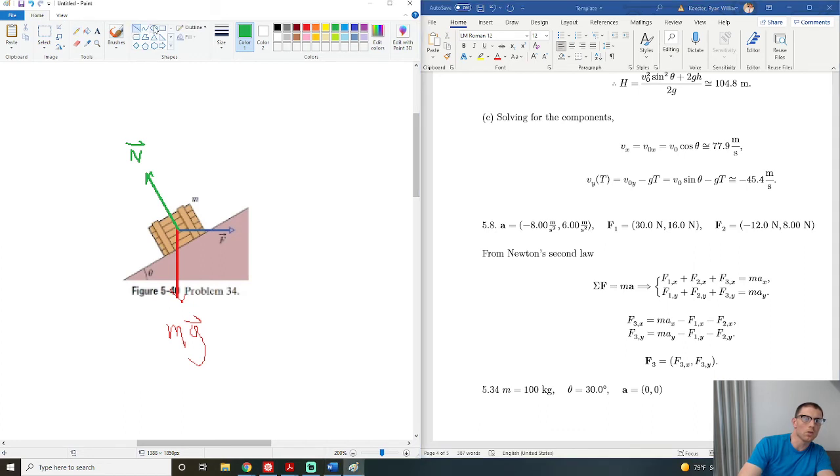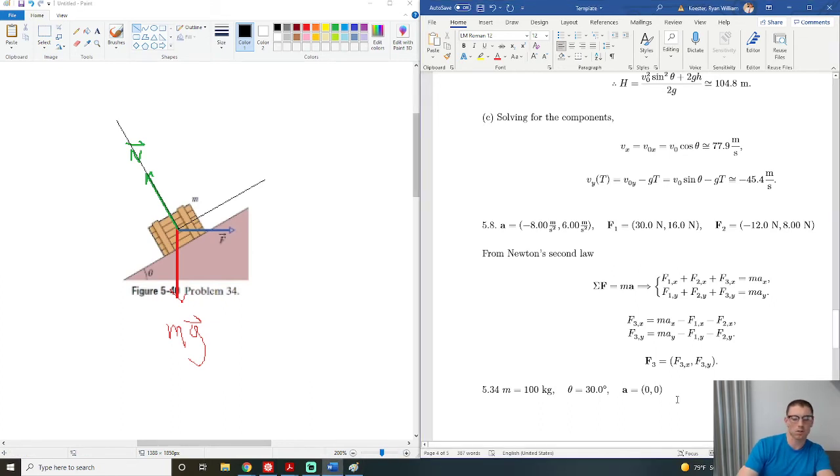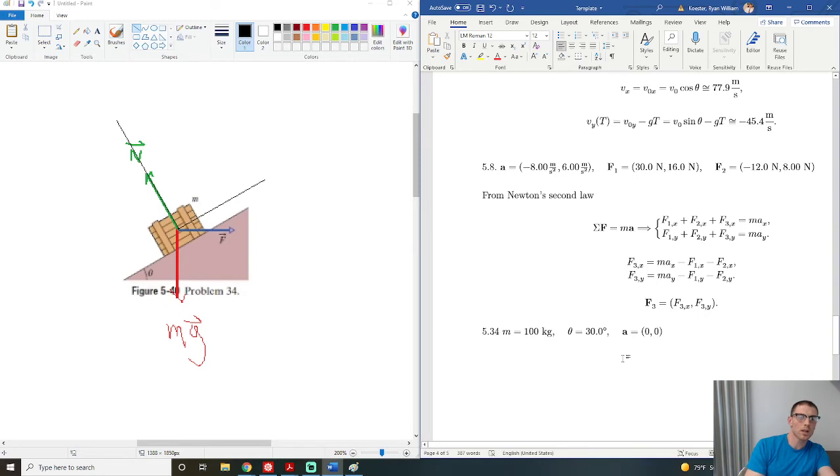So I'll put a black line in. This is going to indicate my positive x direction, so it should be just along the surface of the ramp. And then I'll put another one in to indicate my y direction, like so. So I've specified my axes now, which is one of the first things you want to do.